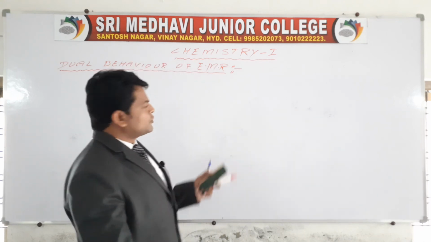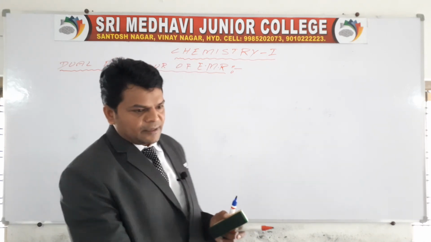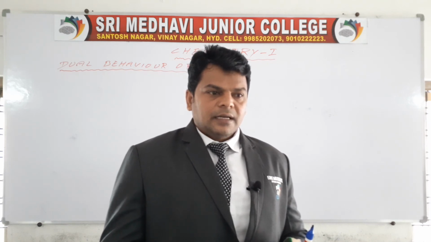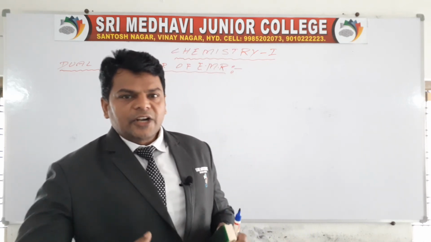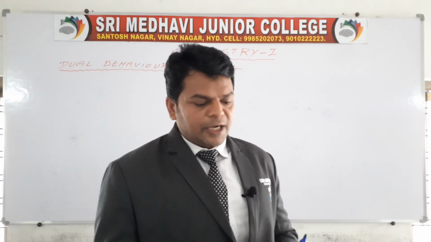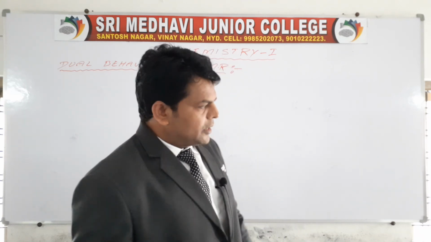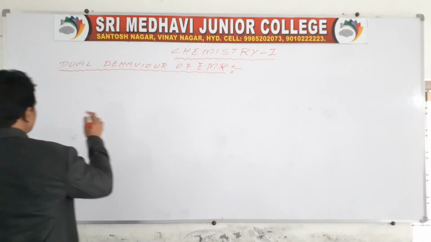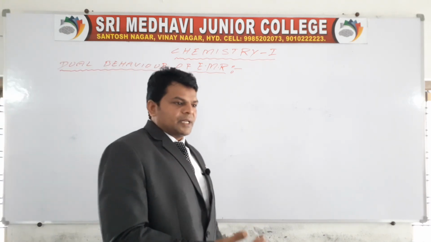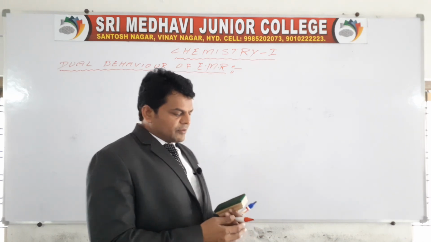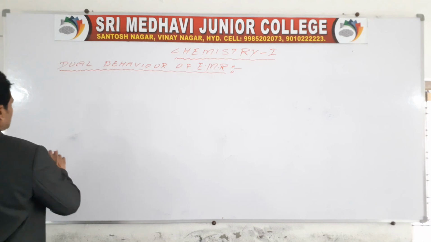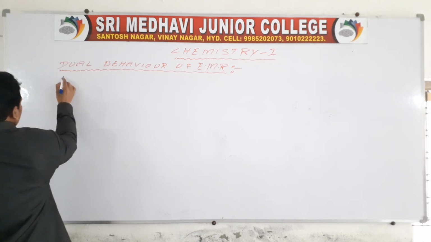To explain this dual behavior of electromagnetic radiation, we have to get such electron levels. Electron levels means we have to study atomic spectra. How to study about atomic spectra? So what is atomic spectrum, we are going to study. First of all, you should know what a spectrum is.